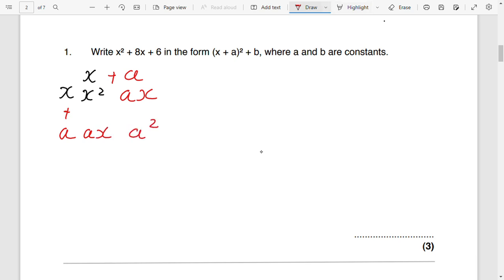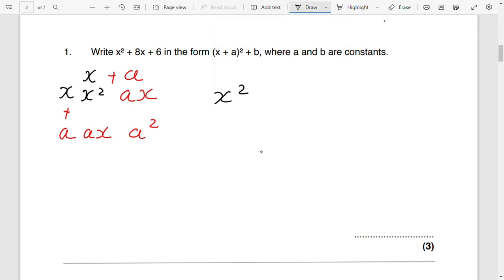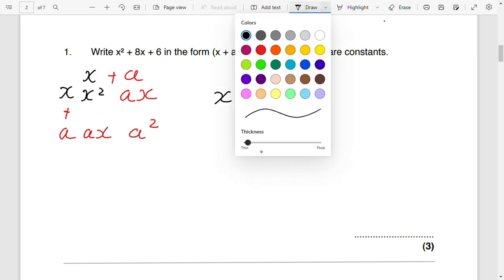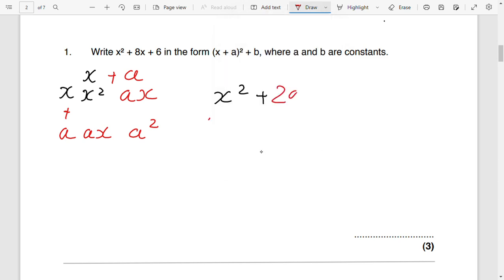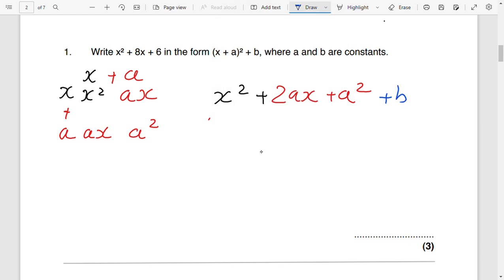Then we're going to add this plus b to this. So all of this is going to look like x squared plus 2ax plus a squared plus b.